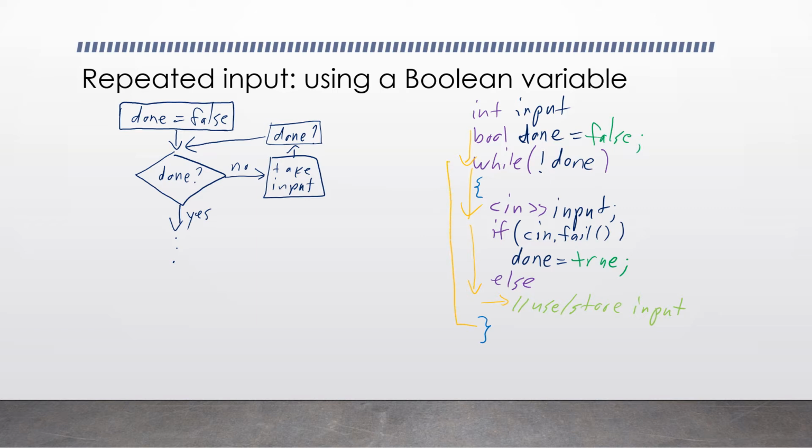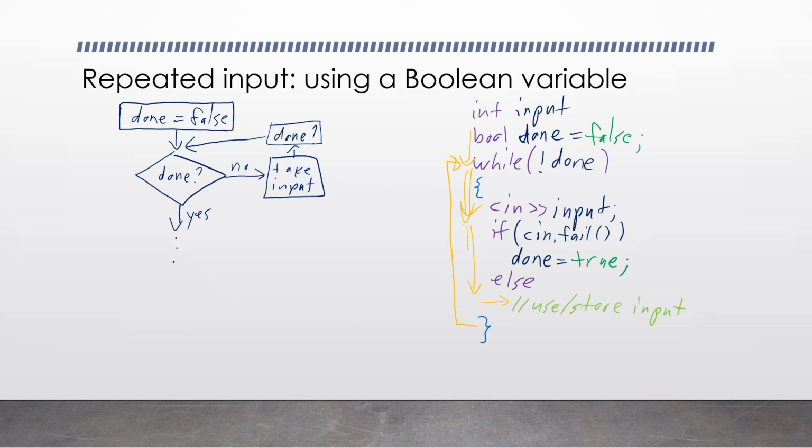Then we come back to while. Done was still false because we didn't match cin.fail. This time the user enters a blank line, meaning they're done with entering phone numbers, or they enter a Q, meaning they want to quit. We come through here.